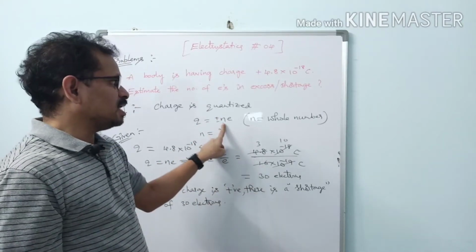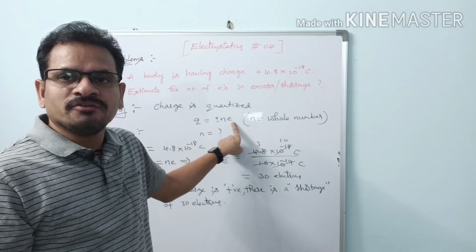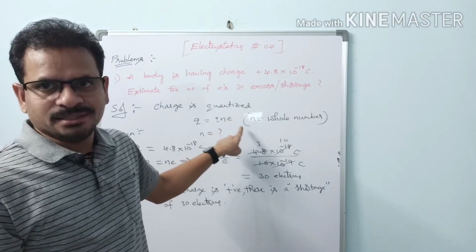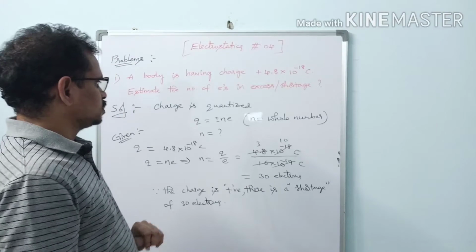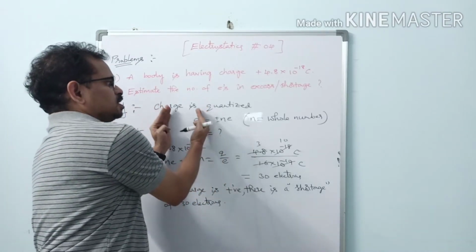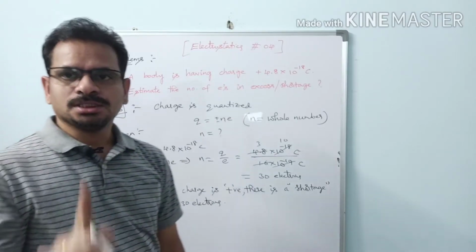N is a whole number, giving the number of electrons, and e is the magnitude of charge of an electron. Don't put a minus again for e; it is just the magnitude. So anywhere, take it like this: total charge is equal to the total number of electrons into the magnitude of charge of a single electron.